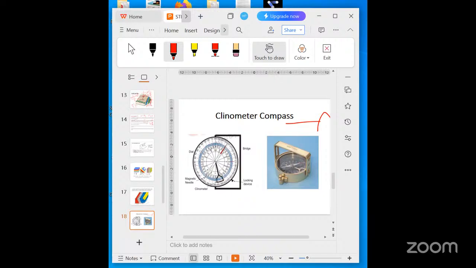So now let us recall that strike is the compass direction of a line formed by the intersection of a rock layer surface with a horizontal surface.